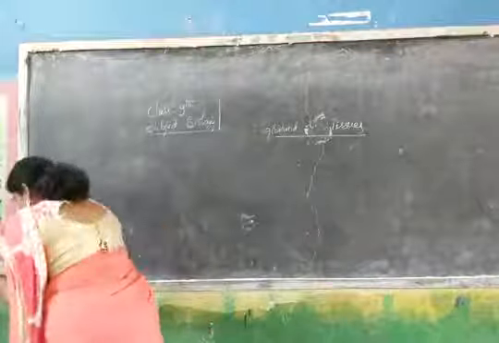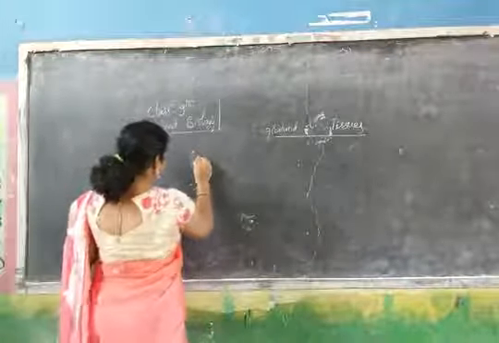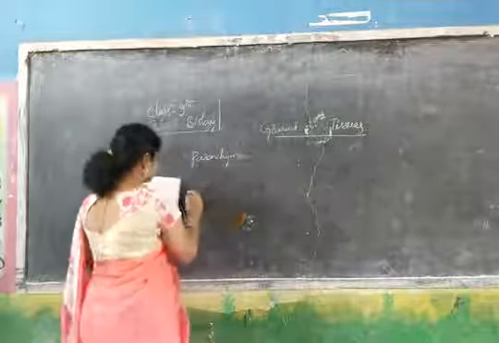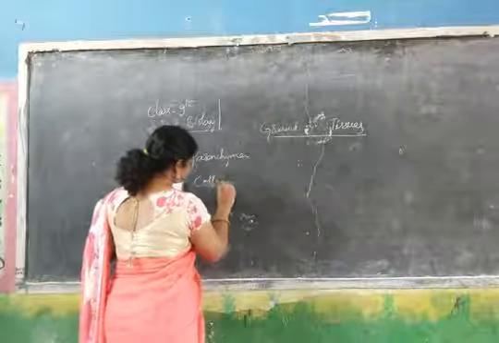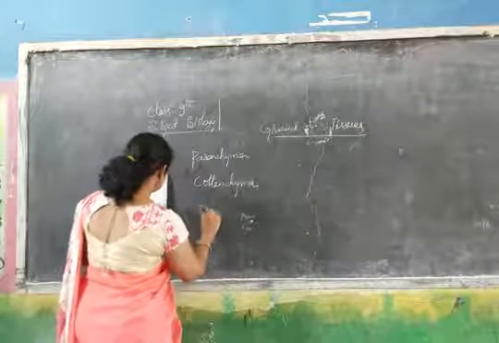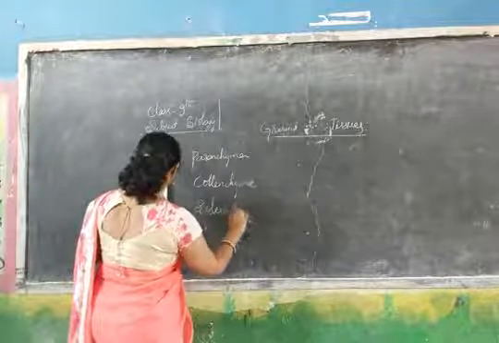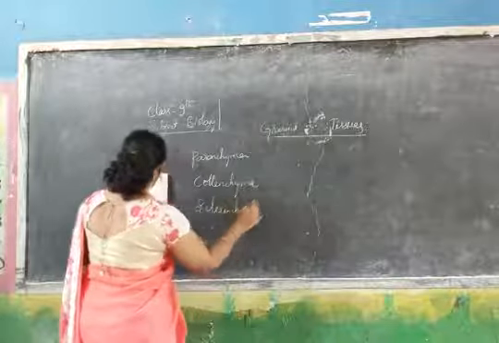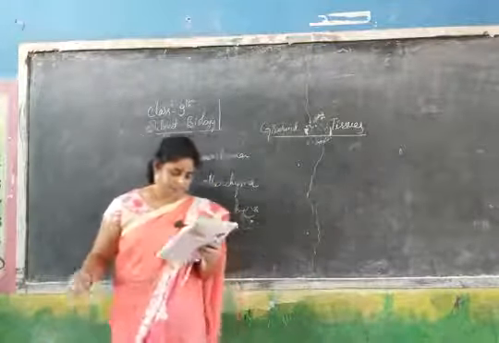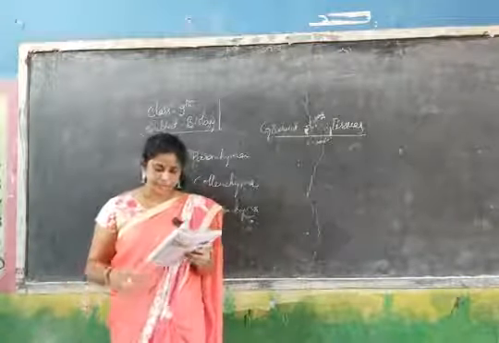First one is parenchyma, second one is collenchyma, third one is sclerenchyma. Parenchyma, collenchyma and sclerenchyma.